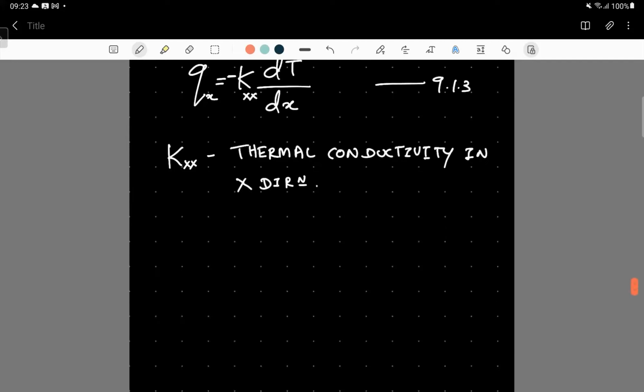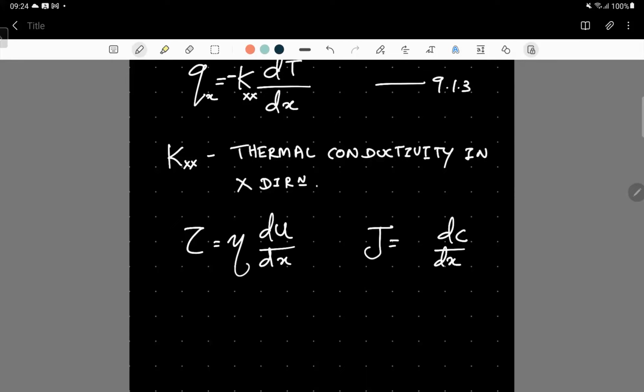In a momentum transfer problem, the shear stress is proportional to the velocity gradient, and the proportionality constant is the shear viscosity. And similarly, in a mass transfer problem, the mass flux is proportional to the concentration gradient, and the proportionality constant is called the Fick diffusion coefficient.